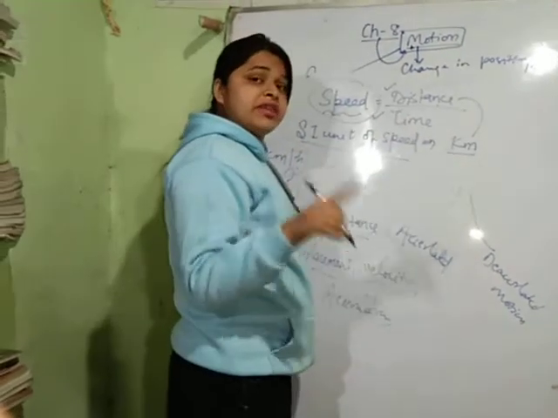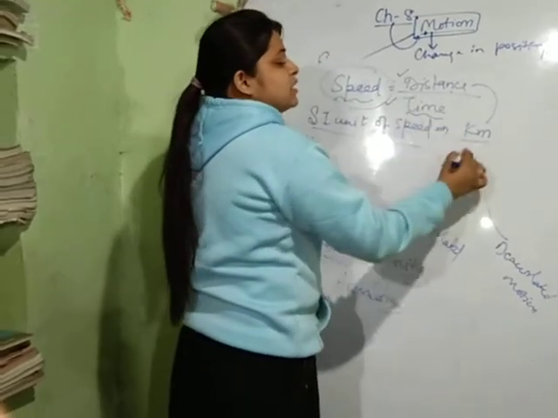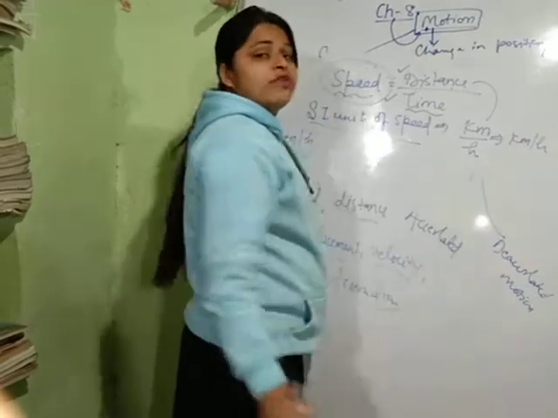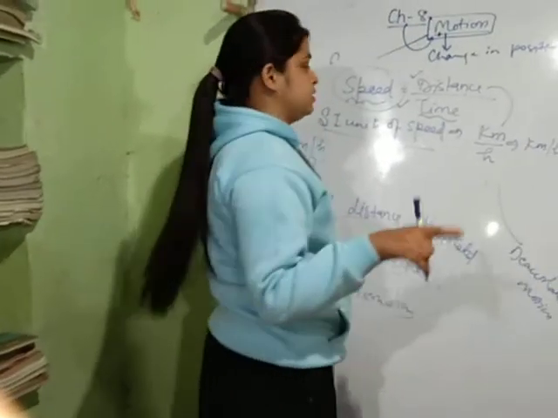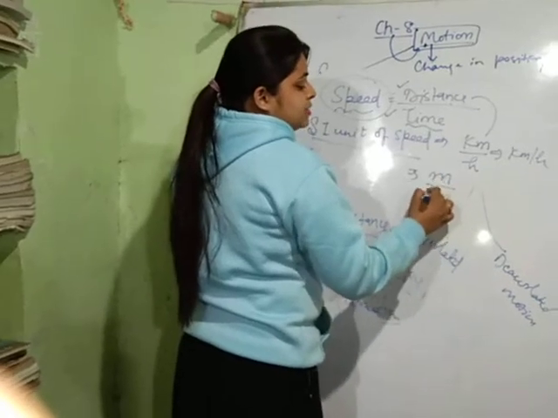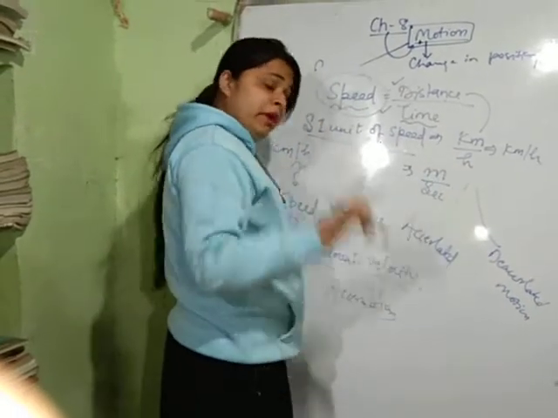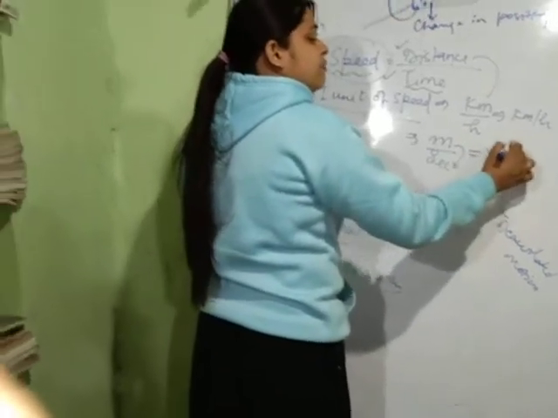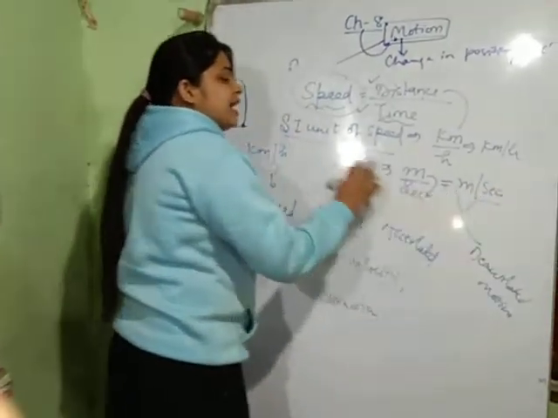When distance is measured in kilometer, then time is measured in hour, so the unit is kilometer per hour. Also we use the smaller unit: when the distance is in meter, the time is in second, so we say meter per second. That is the SI unit of speed.